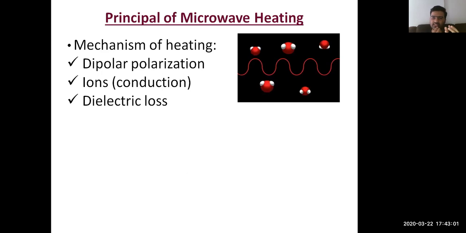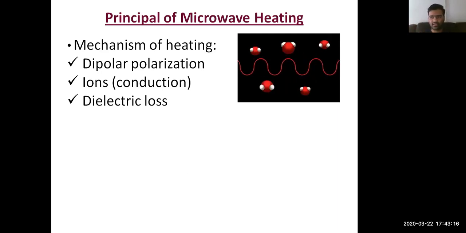Now, these translational motions being induced on the ions will result in them colliding with one another. These collisions result in a large amount of heat as energy that gets released when these ions come in collision with one another. So that's how ions tend to get heated, if at all ions are present in solution.